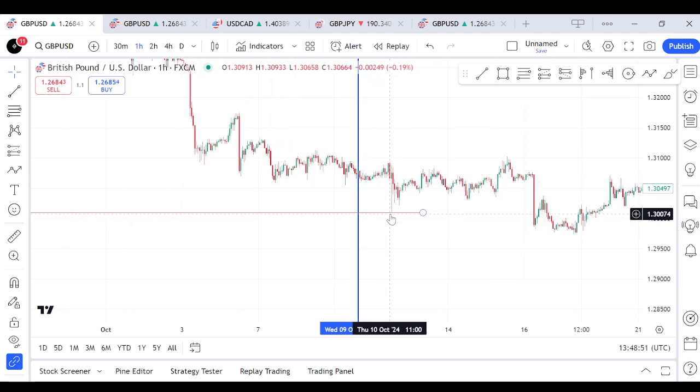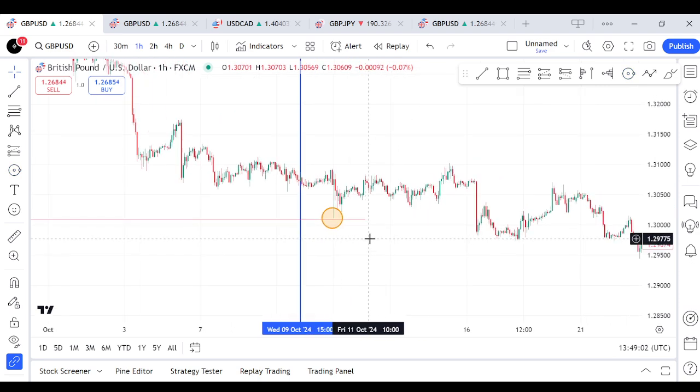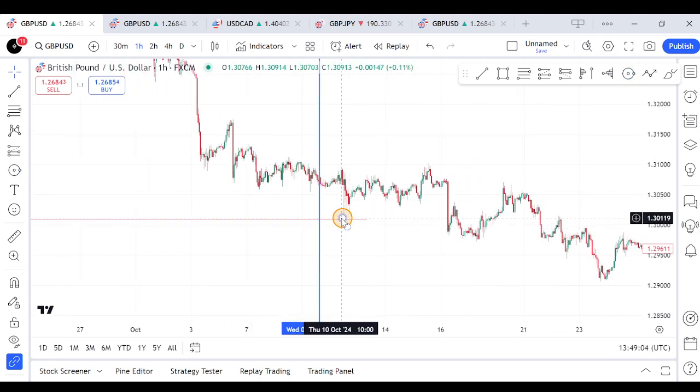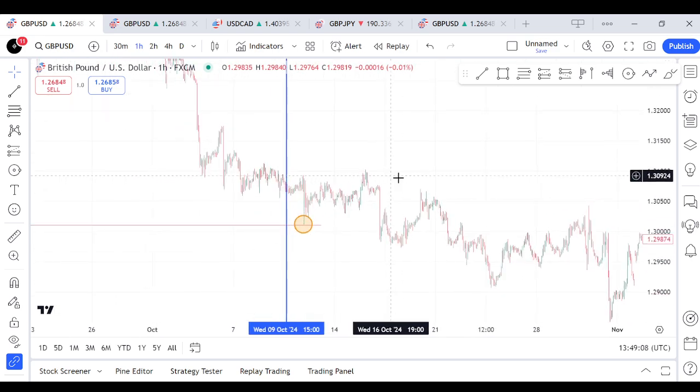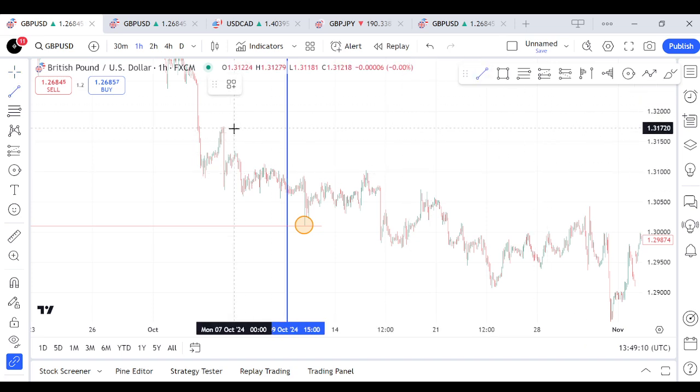As price hit that support level, we expected the push to the upside, so you could use the pre-release strategy to anticipate buys from this area right here or around this support level. So that is how you can trade the pre-release CPI strategy.